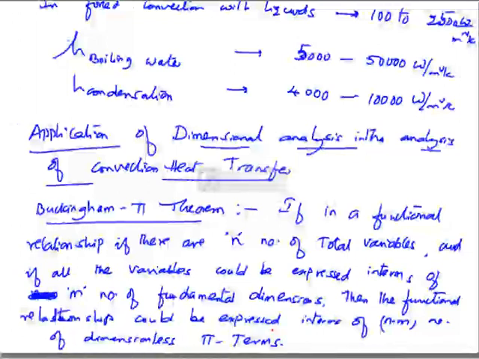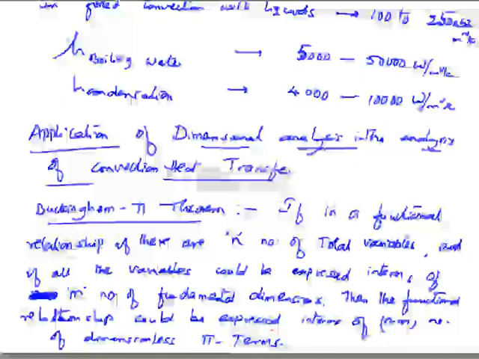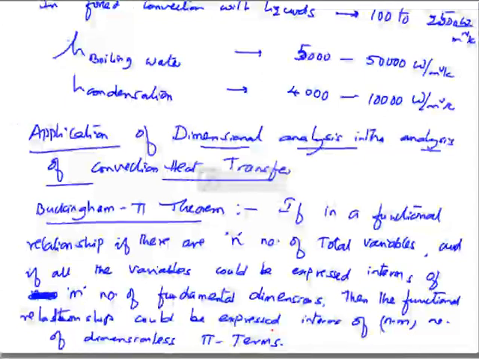If in a functional relationship there are n number of variables, physical quantities, and if all the variables could be expressed in terms of a smaller number of fundamental dimensions like mass, length and time, temperature, etc., then the functional relationship could be expressed in terms of n minus m number of dimensionless terms.